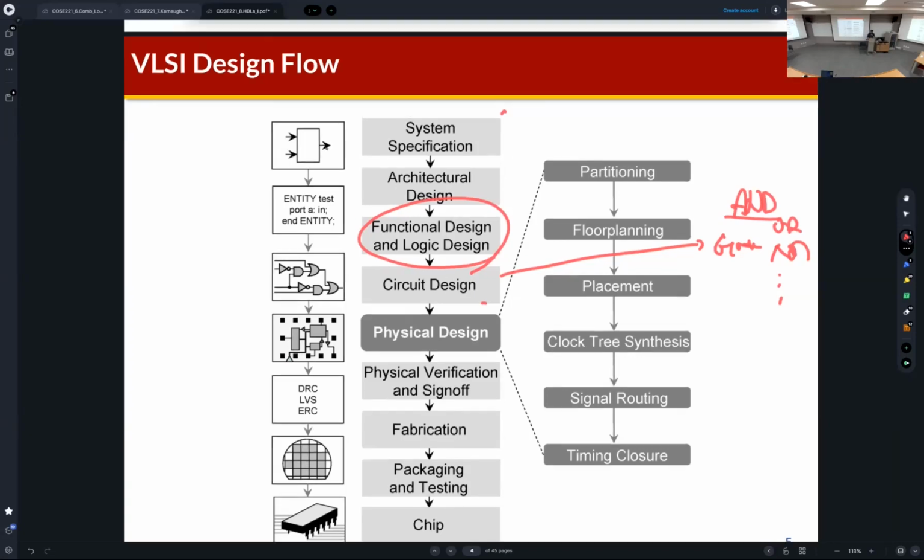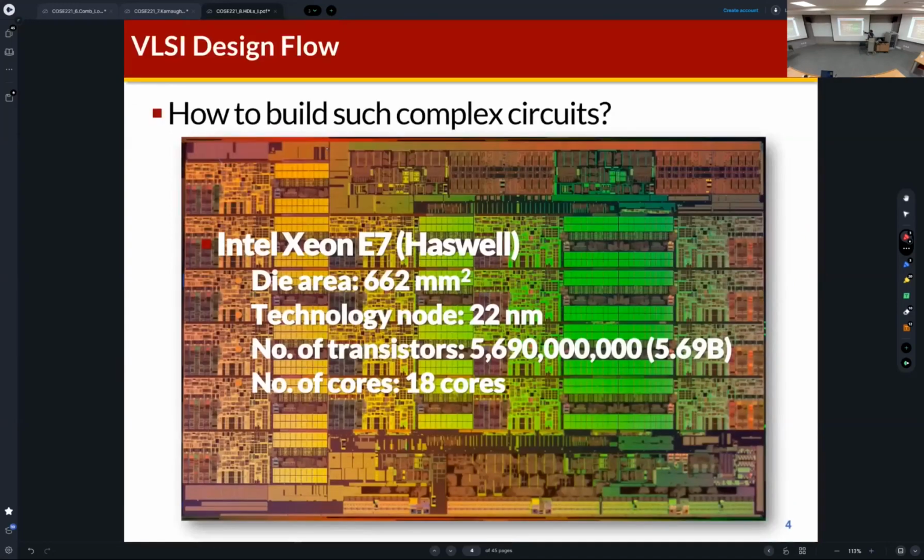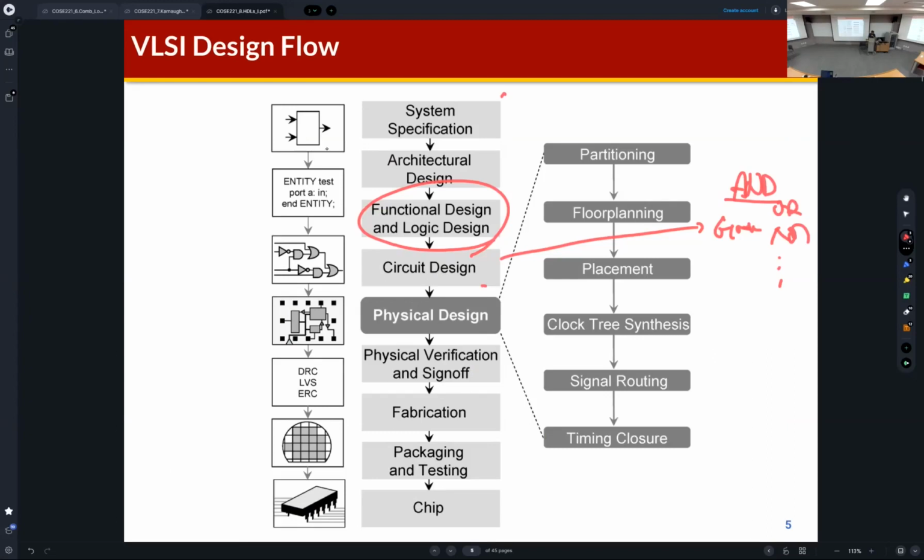But we need to combine simple modules, which means that these circuits are integrated and connected to each other.